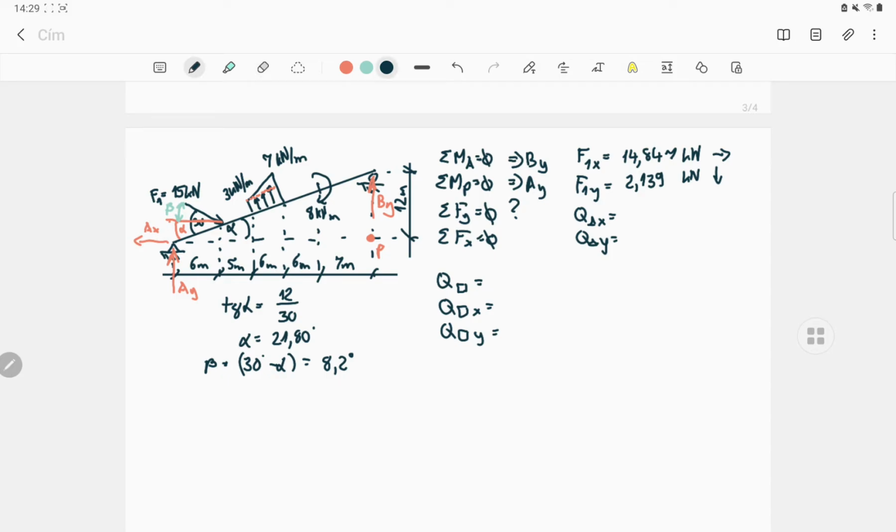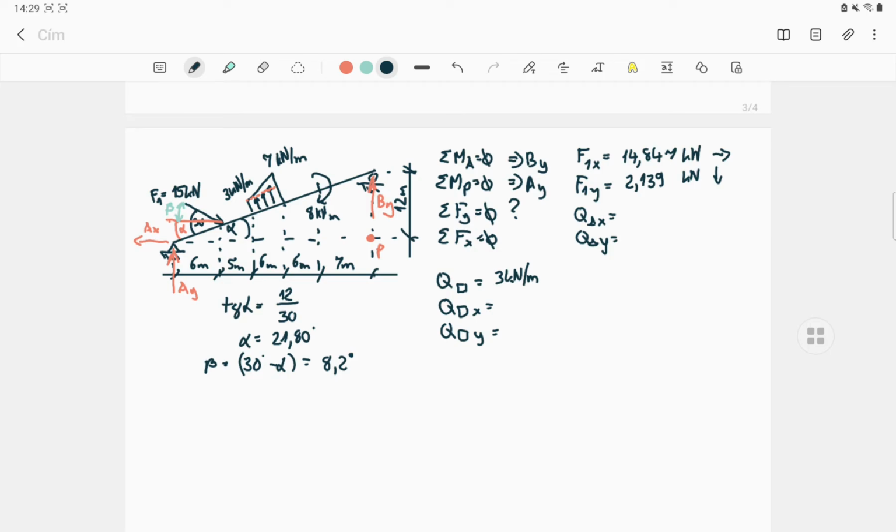Okay, let's see the distributed force. The rectangular shape area, in this case, just check the picture, 3 kilonewton over meter is the value, the height of the rectangular.